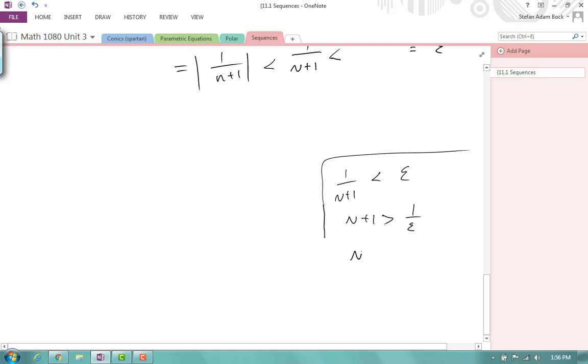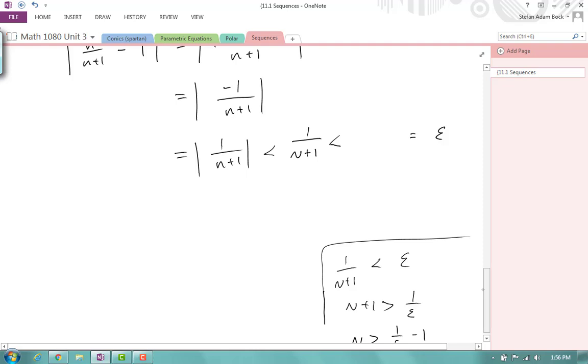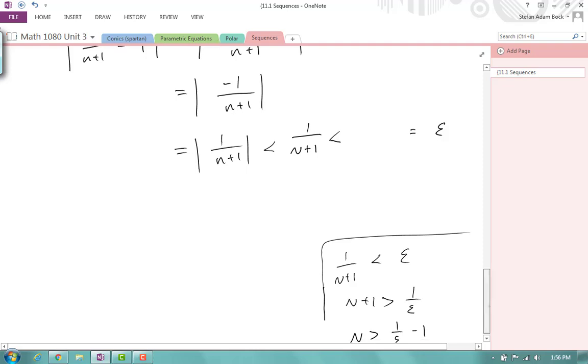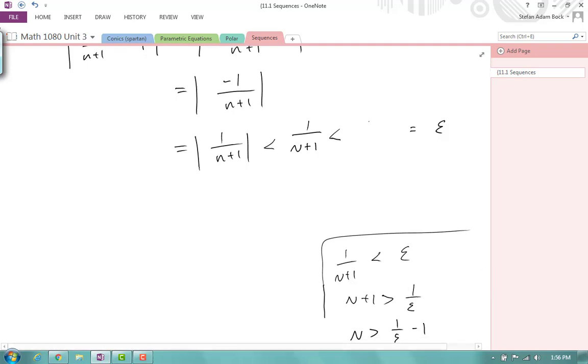Which means big N would have to be larger than 1 over epsilon minus 1. So again, if I replace that in this fraction, I'll have 1 over epsilon minus 1 plus 1. Put some parentheses there. But if I simplify that fraction, I end up with epsilon.